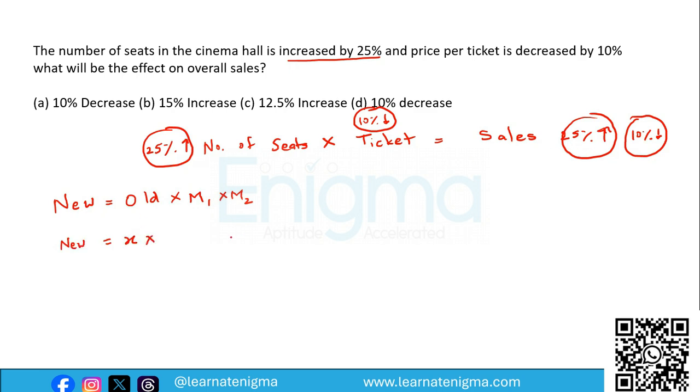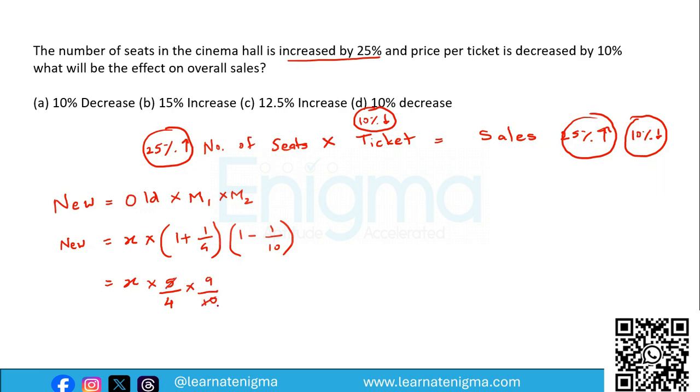Now 25% increase, so the multiplier will be 1 plus 1 by 4, which is the fraction equivalent of 25%. And the second multiplier will be 1 minus 1 by 10, because it is 10% decrease. So the effect will be x into 5 by 4 into 9 by 10.